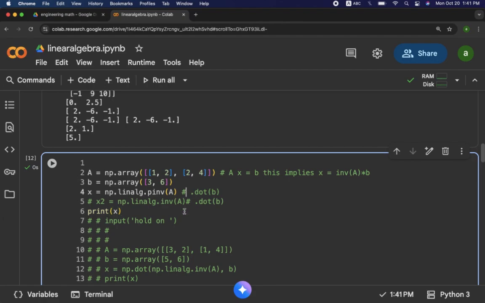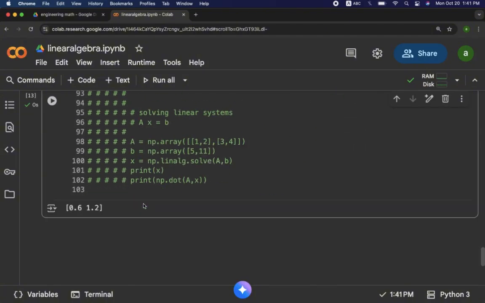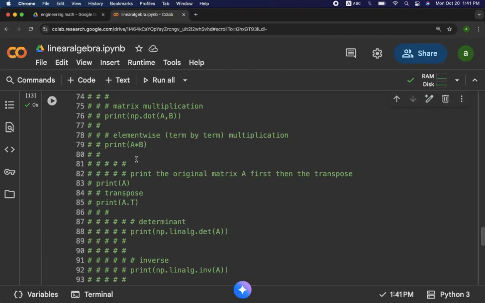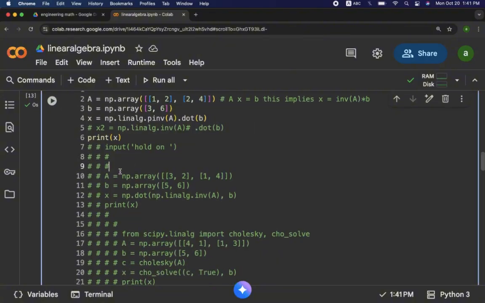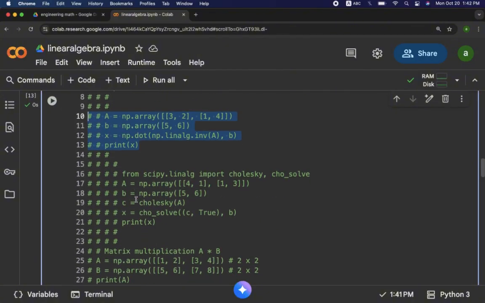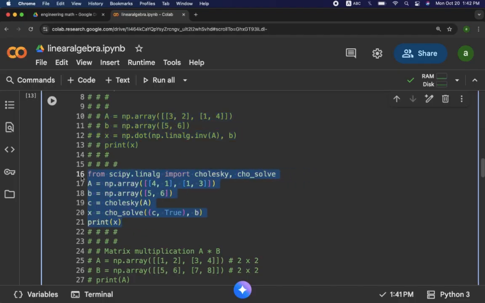And we need to multiply this with b in order to get the vector of x values. So the solution for the system is actually x1 is 0.6, x2 equals 1.2. You can come up with many such similar examples. I don't need to go through all of them one by one. You can try yourself.